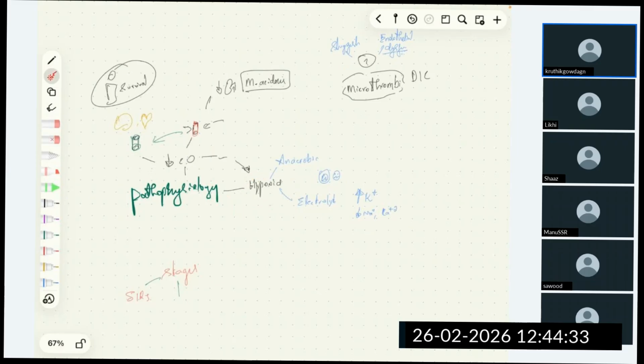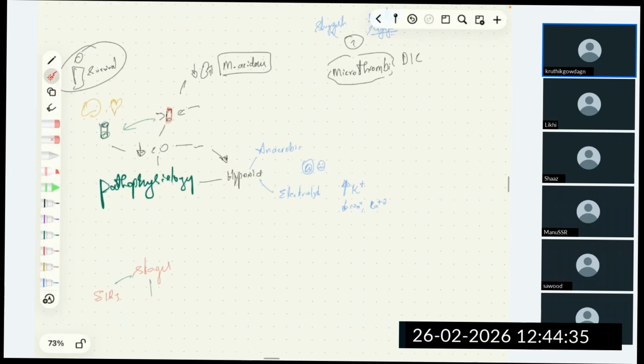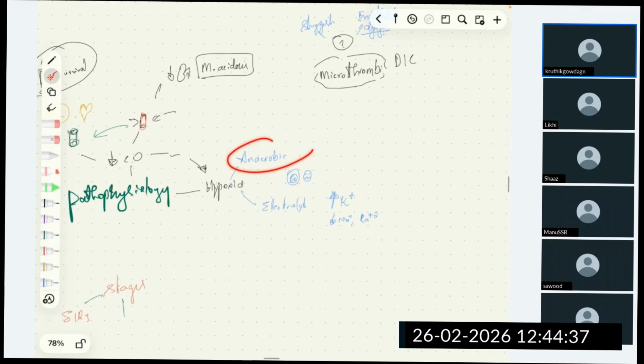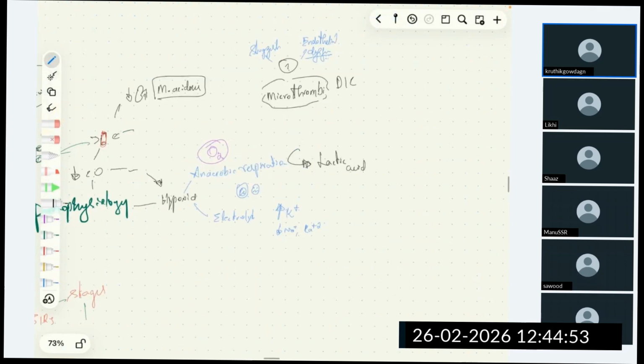Hypoxia at the tissue level will cause anaerobic respiration. When there is unavailability of oxygen, body goes on for anaerobic respiration and there will be production of lactic acid. Due to this reason, anaerobic respiration, and due to renal failure, we see metabolic acidosis in shock.